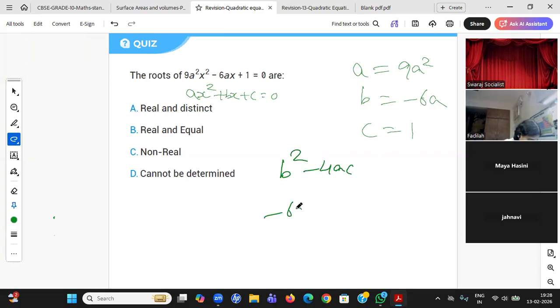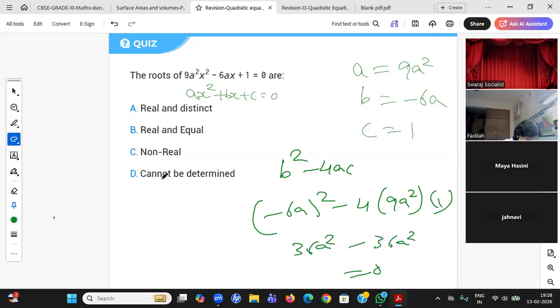What is b? Minus 6a whole square. Minus 4, what is a? 9a square. What is c? 1. 36a square minus 36a square, 0. Whenever discriminant is 0, real and equal. Why did you get non-real? Again wrong, Shugal. Real and equal. Harshini right. Rujita right. Jahnavi right. Fadila right. Tanushri right answer.